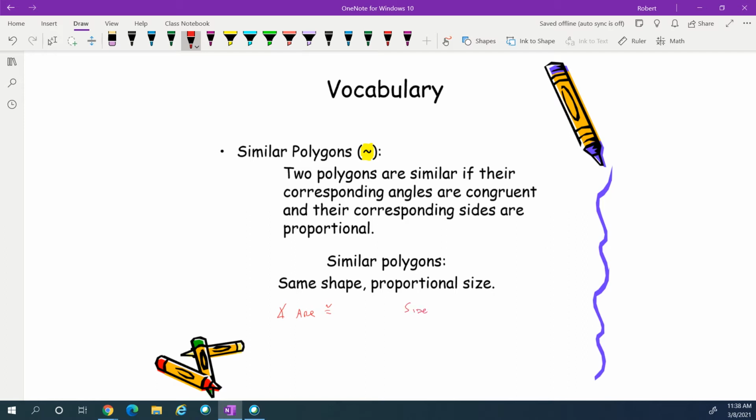Size refers to the sides or segments, and they're proportional. One, that means that there's a common scale factor. And two, that means we can use proportions.